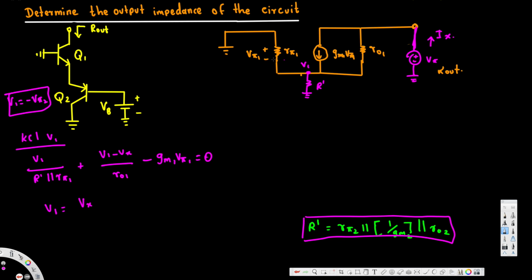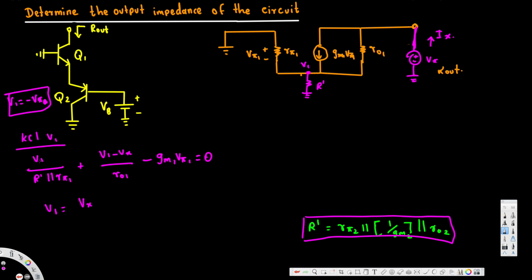So instead of V1 we have to replace negative Vπ2. Actually, there's no Vπ2, it's negative Vπ1, and instead of this Vπ1 we have to replace it with negative V1. So let's write the equation with that replacement.